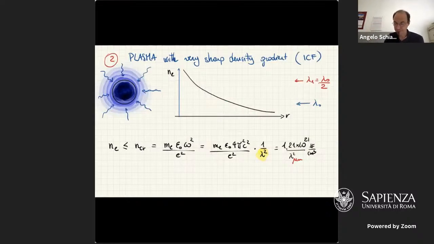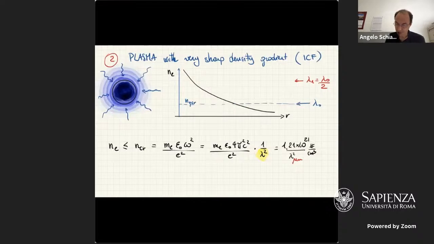So for instance, let's suppose that we are sending lambda 0, and this is the critical density of lambda 0. So let's draw this line here, corresponding to the N0 critical density, N0 critical. Then the critical density for lambda 1 is 4 times as large.